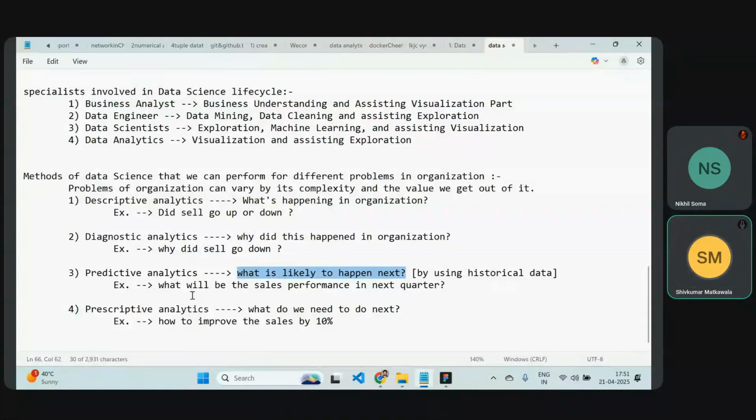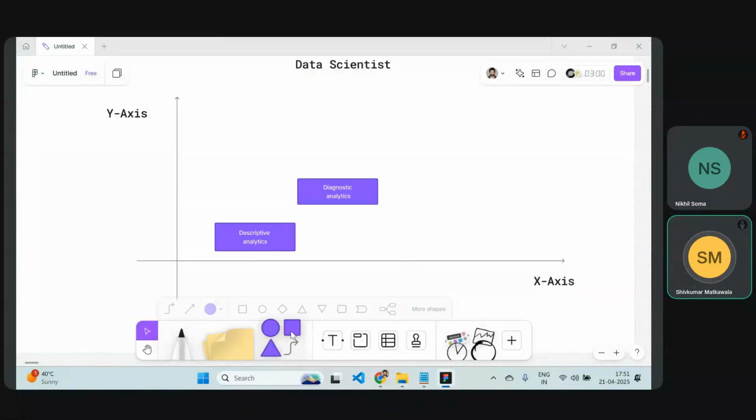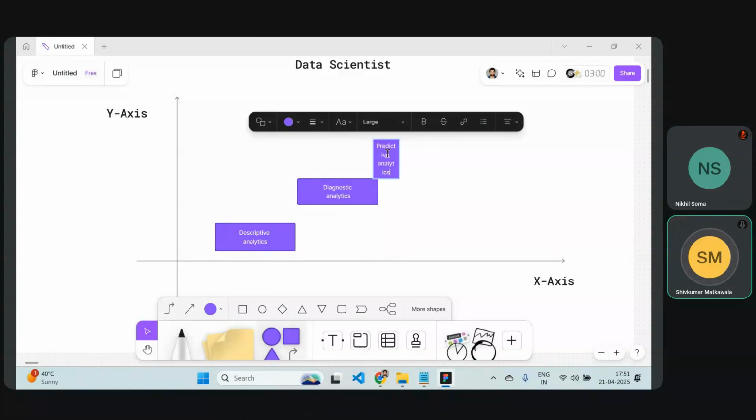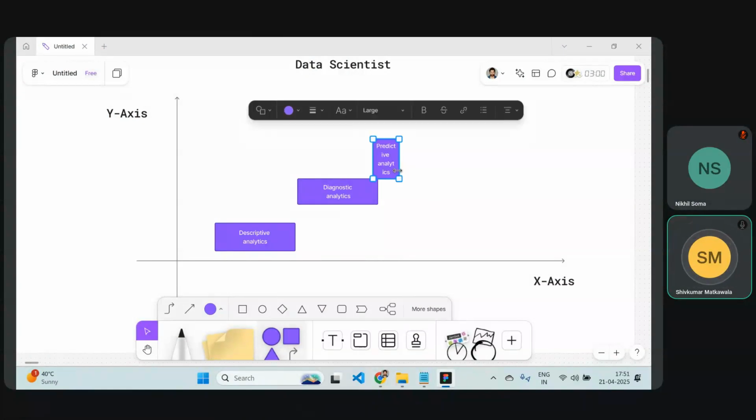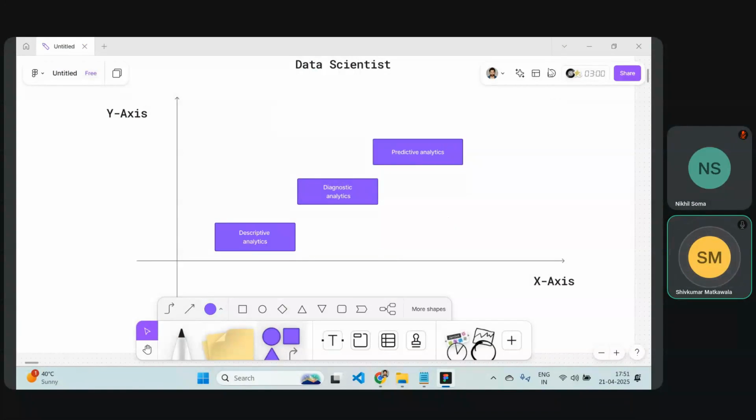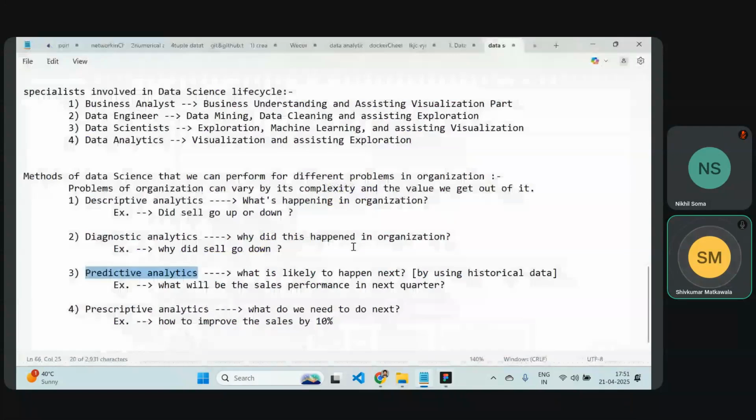What will the sales performance be in the next quarter, for example? So this is predictive analytics.